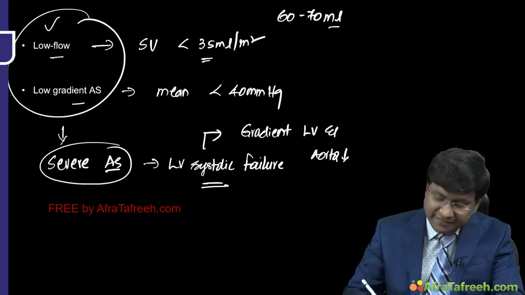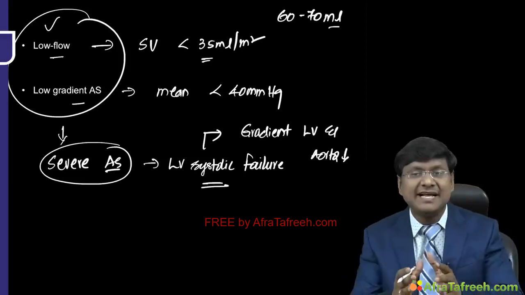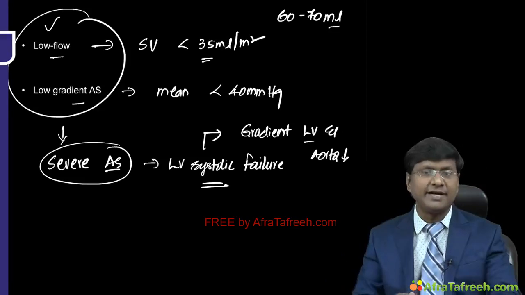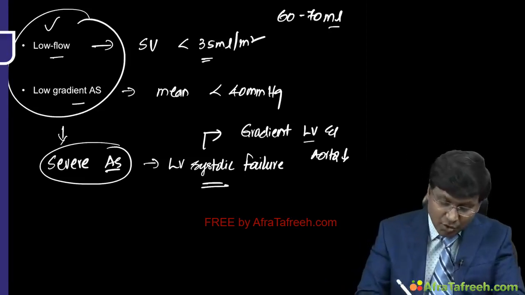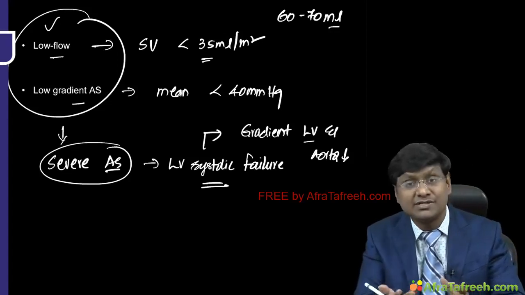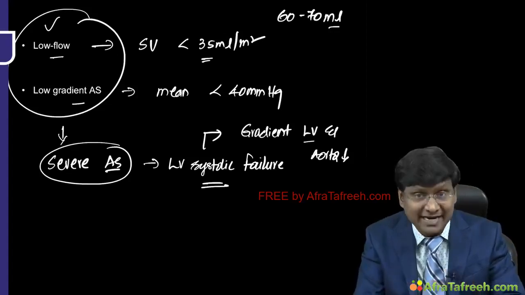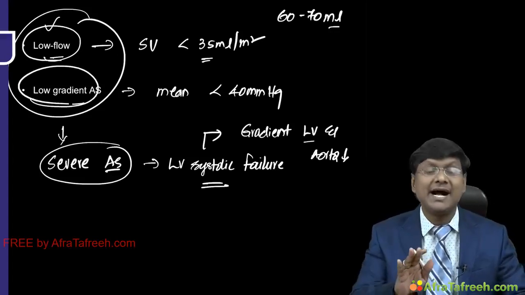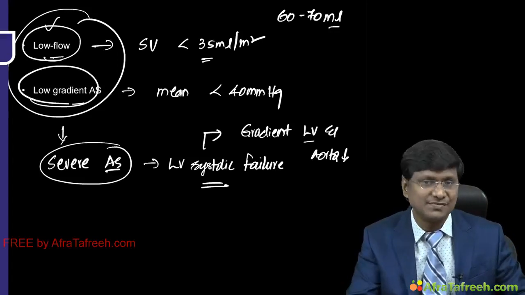Why? Because of LV systolic failure, the left ventricle is unable to contract strongly. That is the reason the gradient between the left ventricle and aorta decreases. And once there is systolic failure, the cardiac output decreases, and that will cause a decrease in stroke volume also. That is nothing but low flow, low gradient, severe aortic stenosis.